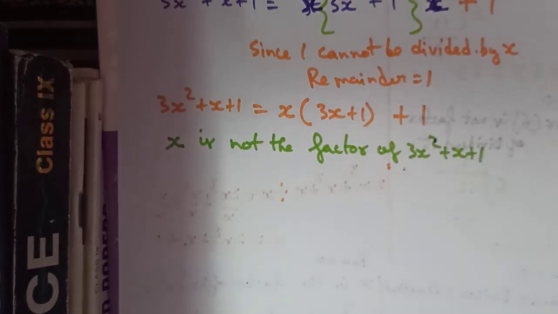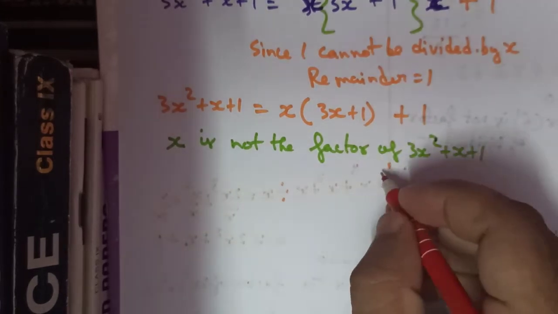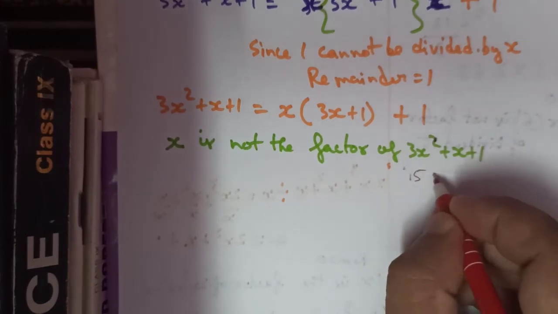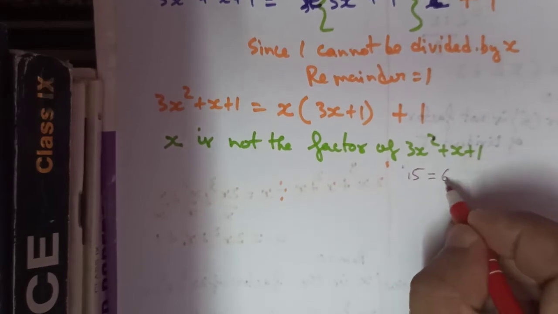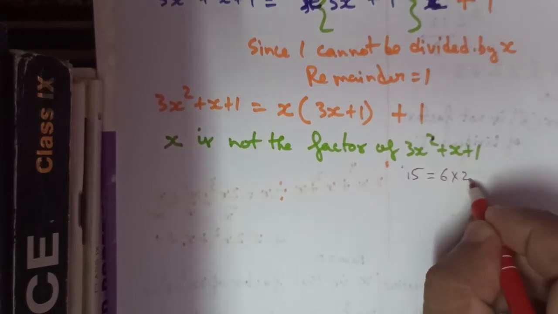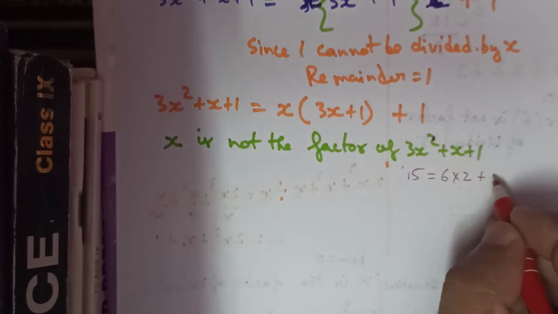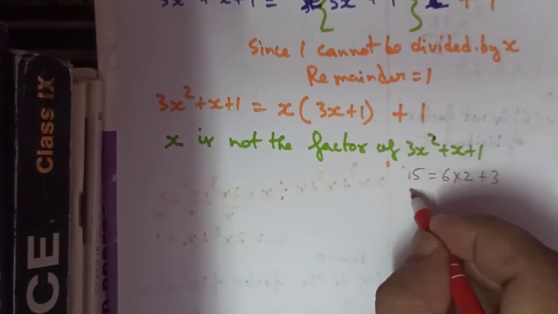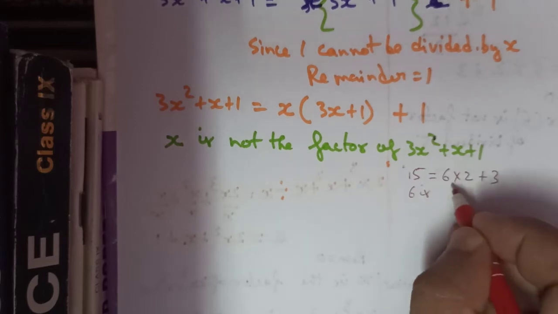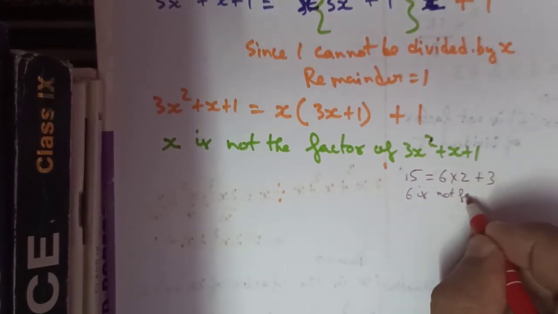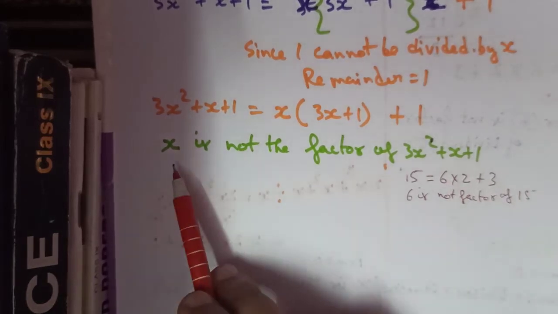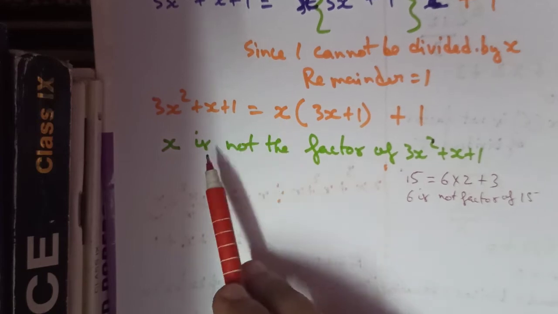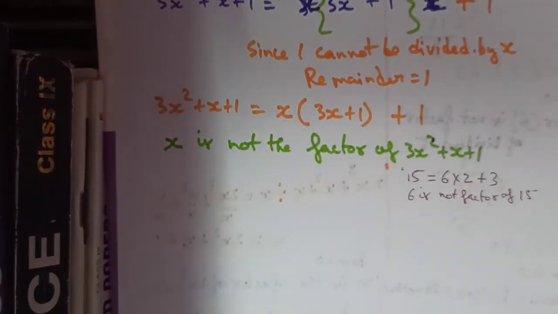Like we have discussed the example when 15 is divided by the divisor 6, we got the quotient as 2 and remainder as 3. So we said that 6, that is the divisor, is not a factor of dividend, that is 15. Similarly here, the divisor x is not the factor of the dividend 3x square plus x plus 1. Hope this concept is clear.